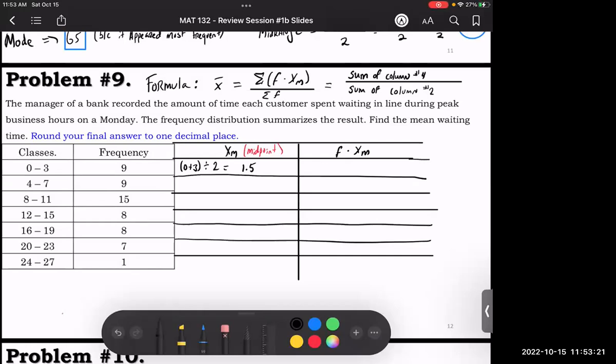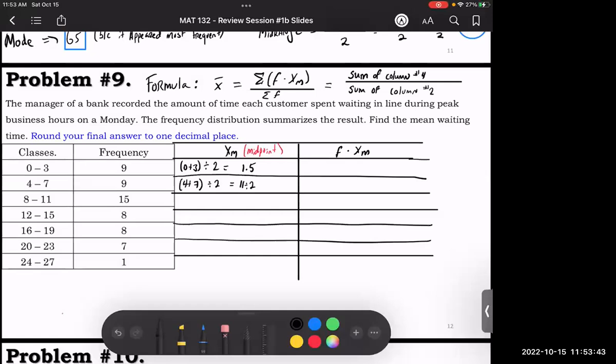Try again. We take 4 plus 7 first. Is it 4.5? No, I have 5.5. Right? You do 4 plus 7 first, so that's 11. And then you divide by 2.